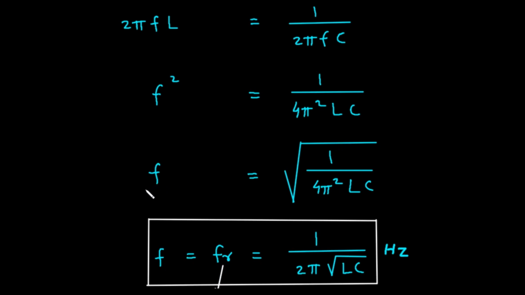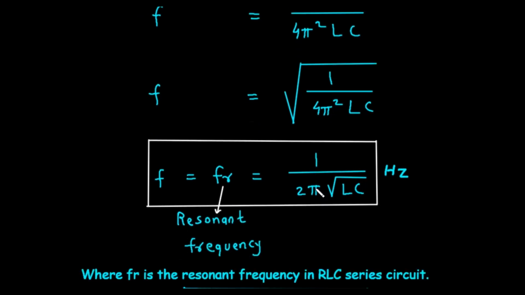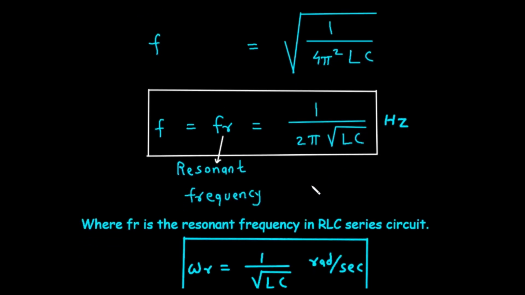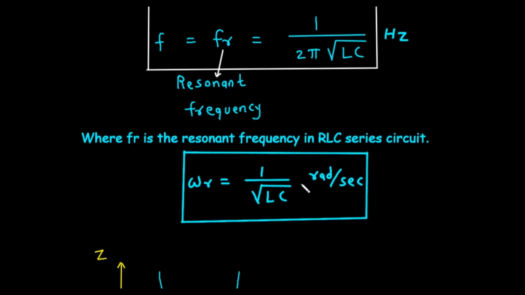Now, we take the square root of both sides to find f. This gives us the final formula for the resonant frequency, fr. fr equals 1 divided by 2 pi times the square root of LC. The unit for this frequency is Hertz. This formula tells us that the resonant frequency of a series RLC circuit depends only on the values of the inductor, L, and the capacitor, C.